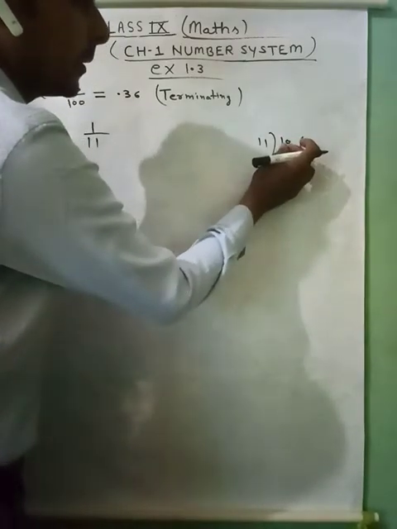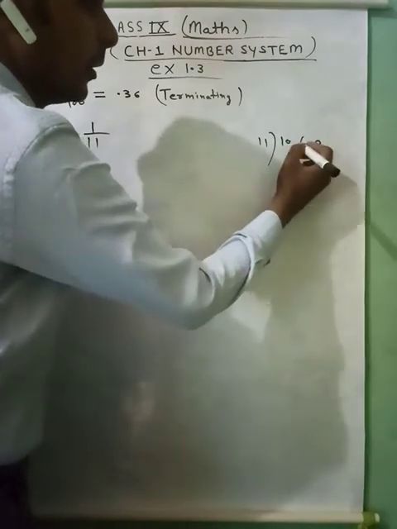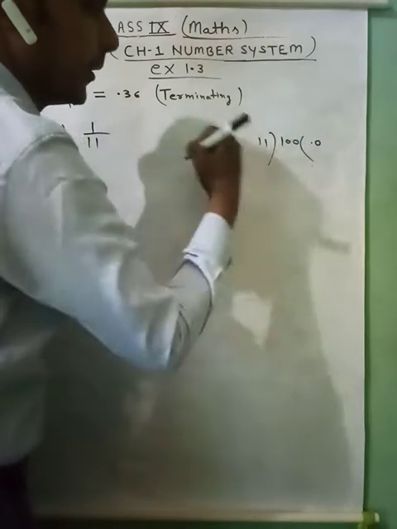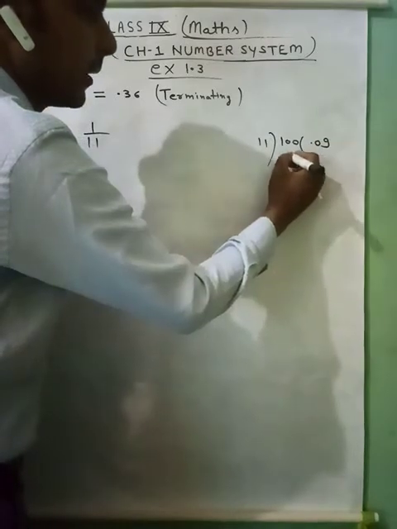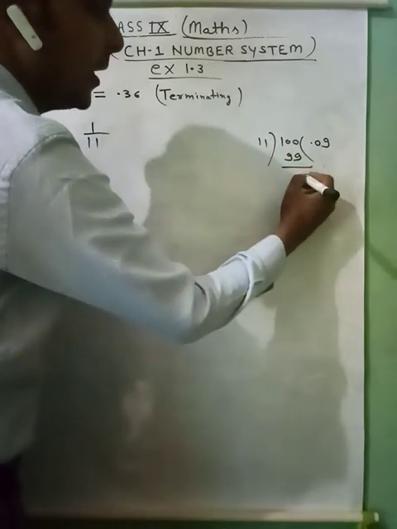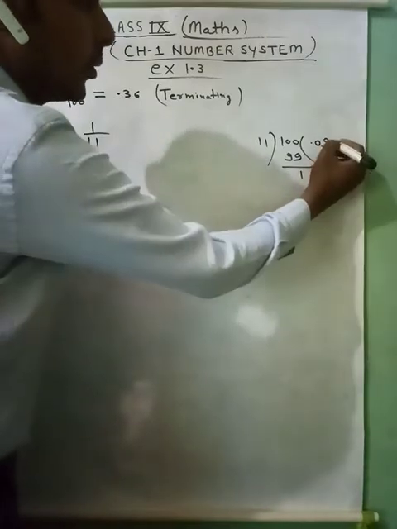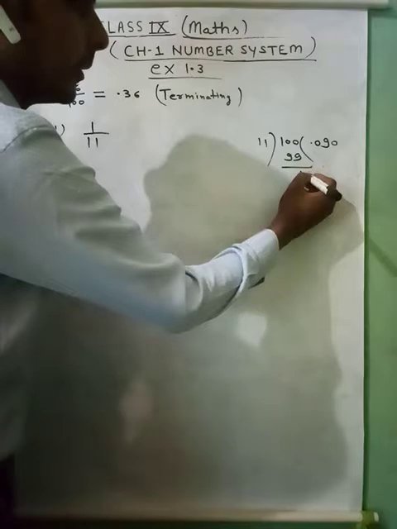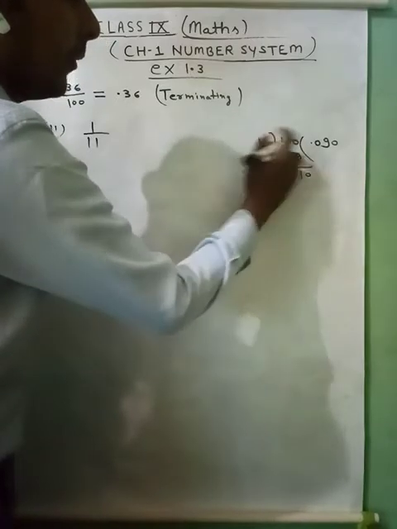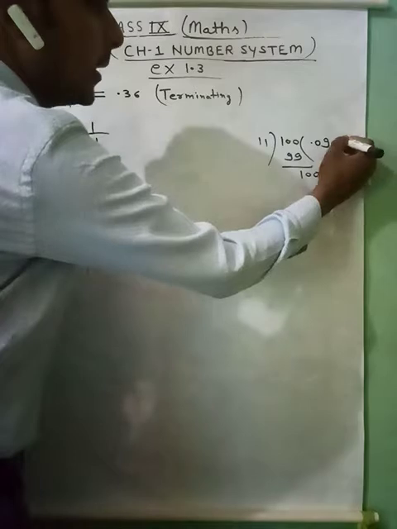Again it is less than 11, so we can write here 0, and 10 will be right here. 11 9s are 99, it means 1. So it is less, so we can write here 1 0 and 1 0. Again it is less than 11, so we can write 1 0 more, and 11 9s are 99.